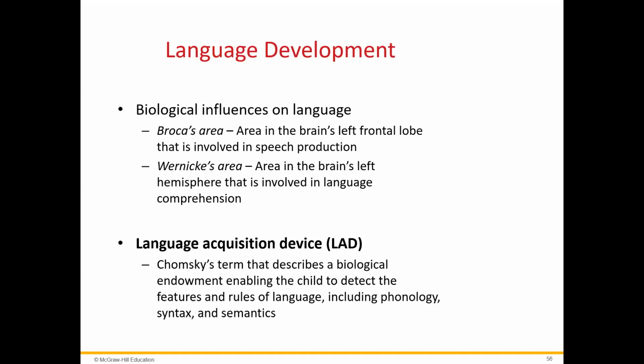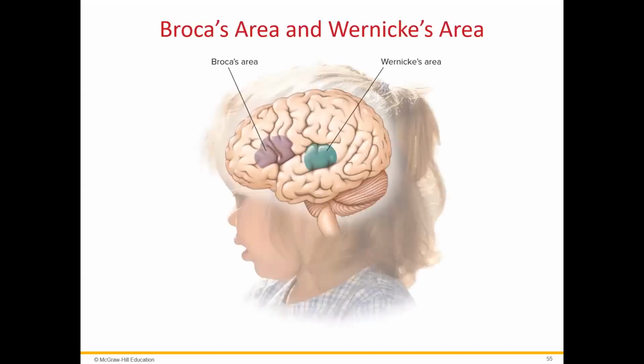Just to help you remember, I always remember that it's the one closer to the front, and producing is like you're saying words out of the front of your face. I used to forget which one's for production and which one's for comprehension. But Wernicke's area, I now always think, oh yeah, that one's closer to my ear, so that's for understanding speech.